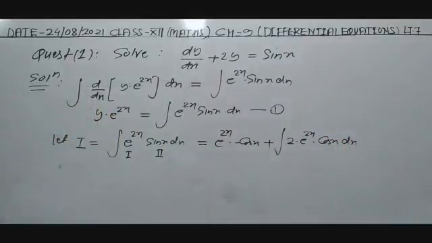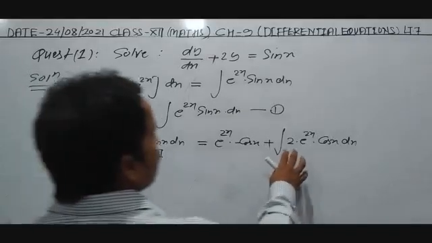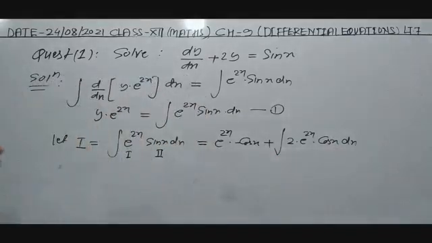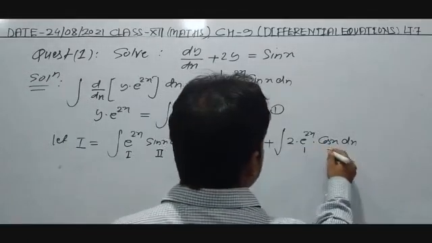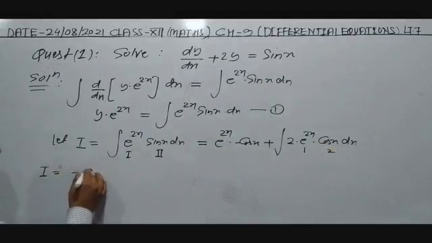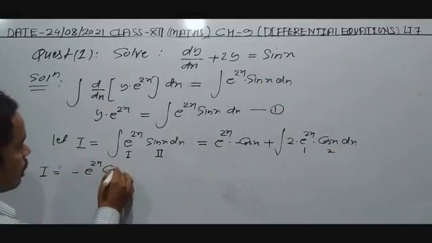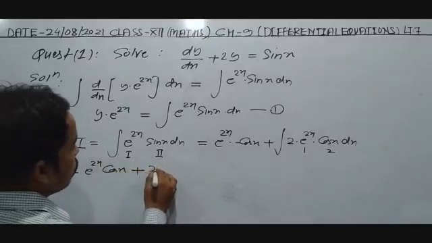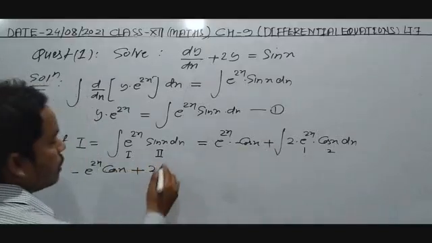Now this is the result: minus e to the power 2x into cos x, and again in this integration you consider e to the power 2x as the first function. So I is equal to minus e to the power 2x times cos x plus 2 times its integration.